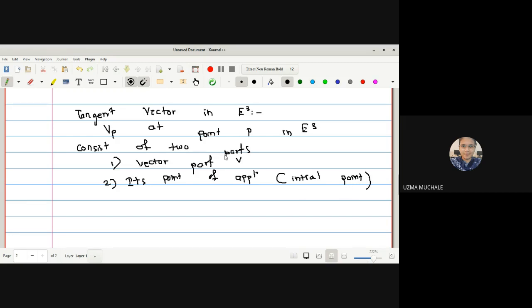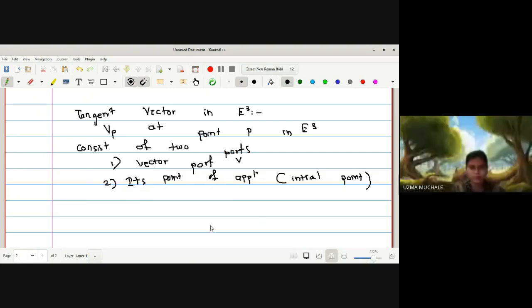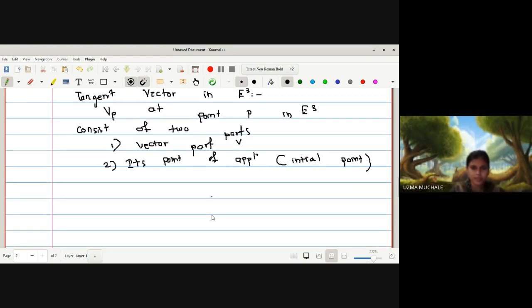Can anyone understand the definition from this, and can you tell me how the tangent vector looks in E3 space?